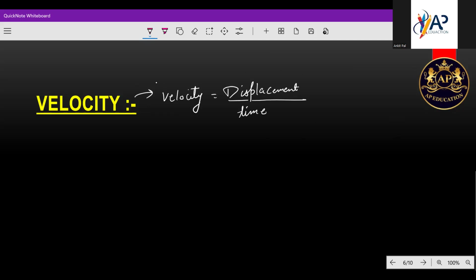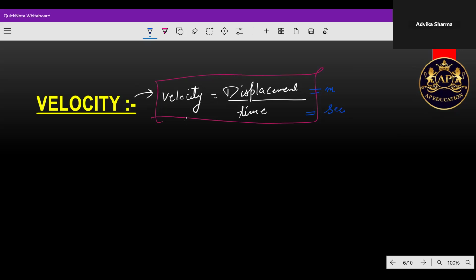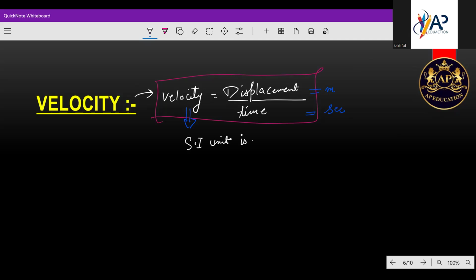We know that displacement is measured in meters and time is measured in seconds, right? So we say that the SI unit of velocity is meter per second.